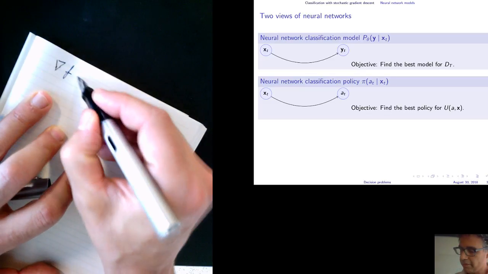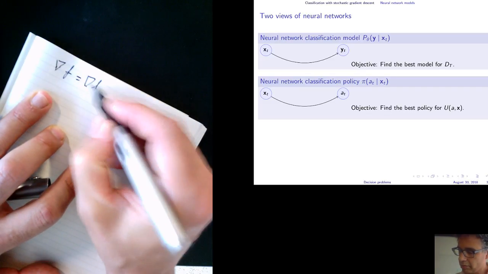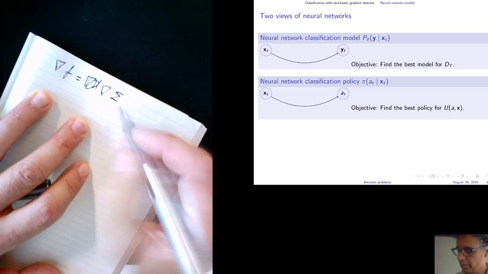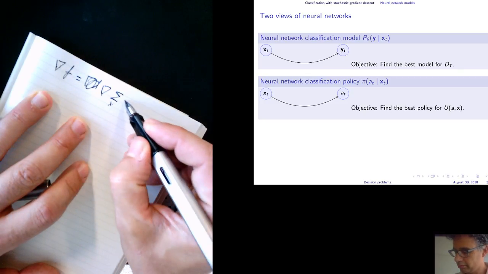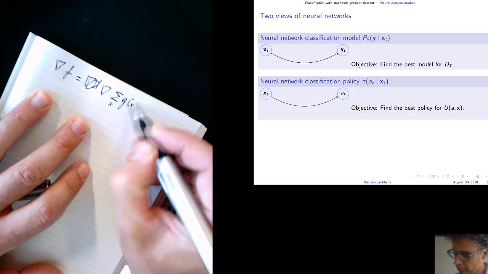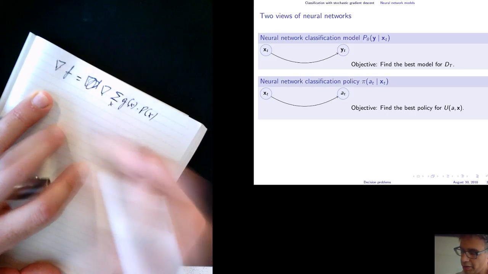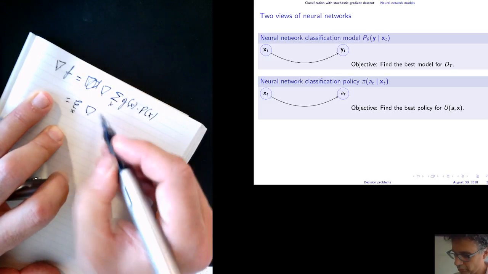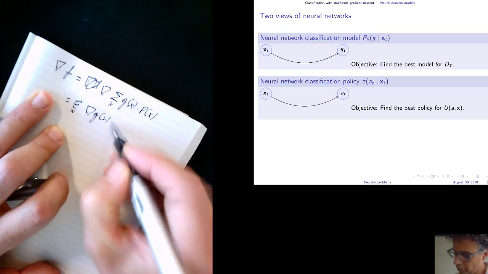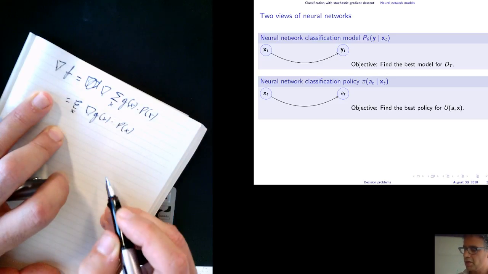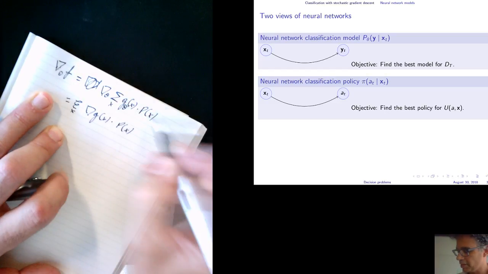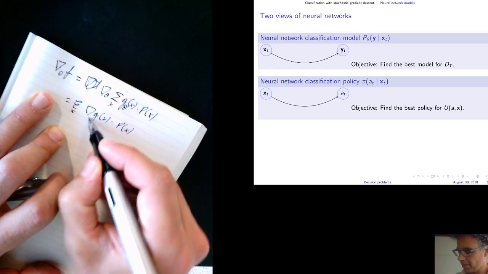But f is a sum, and this you can write as a sum with a parameterized function g, where the probability doesn't have any parameters, it's just fixed.